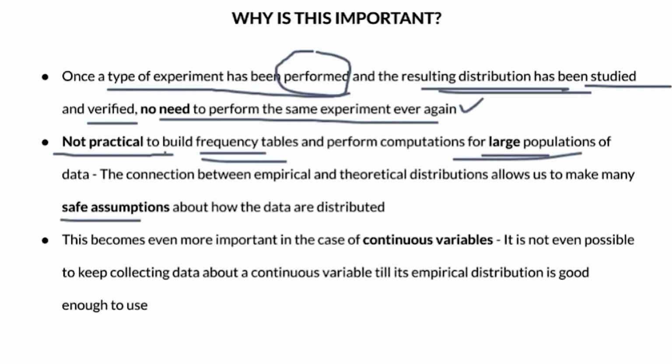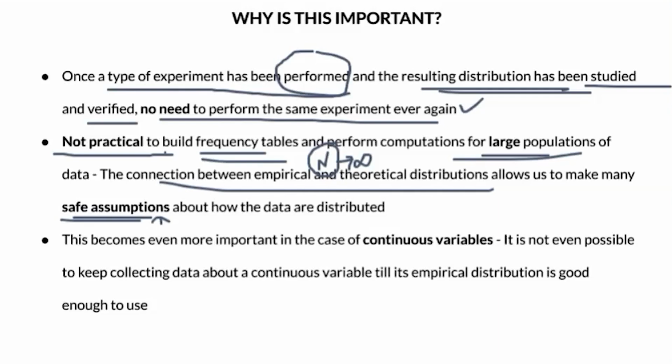As long as you make some safe assumptions about the population, then through this connection between empirical and theoretical, as n approaches infinity, which means if you have enough sample size, you can make safe assumptions and completely ignore the empirical distribution. You can directly work with theoretical distributions.